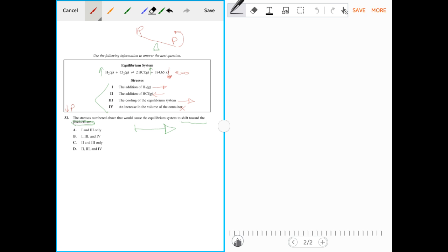So this is a null. It doesn't really affect this equilibrium for this particular system. So when we look at the 2 that have a shift to our product side, it is 1 and 3 only. So question number 32A is the best answer there.